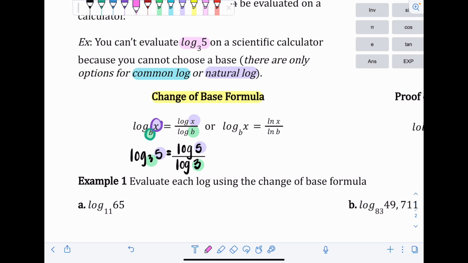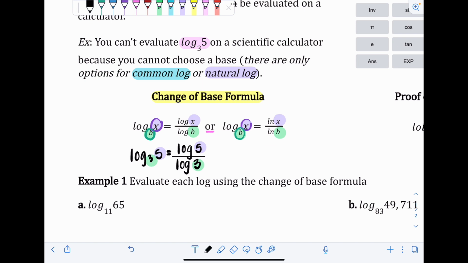Okay, and then the second option is you don't have to change it to common log, you could change it to natural log, and it'll end up being the same exact answer. It's really just personal preference. So if I started with log base b of x, I would change it to natural log of x over natural log of b. The pattern works the same way regardless of what base you're changing it into. The bigger number goes on the top, and the smaller number, the original base, goes on the bottom in the denominator.